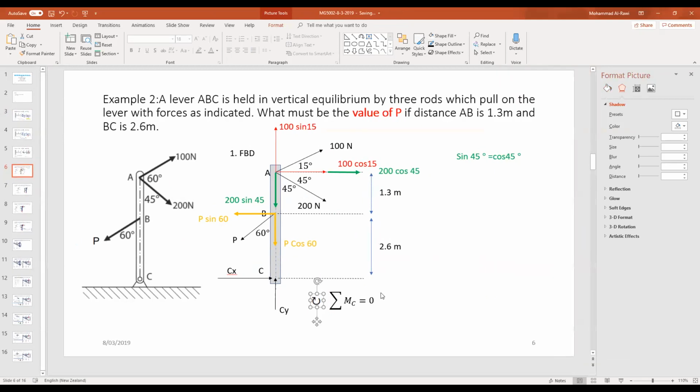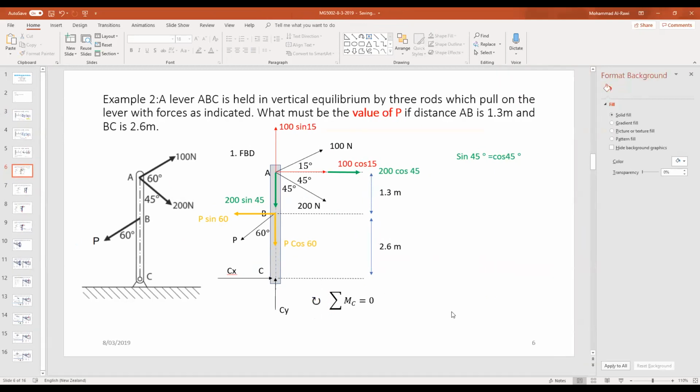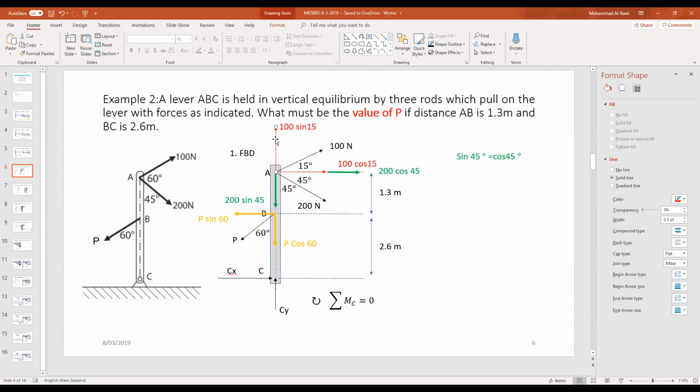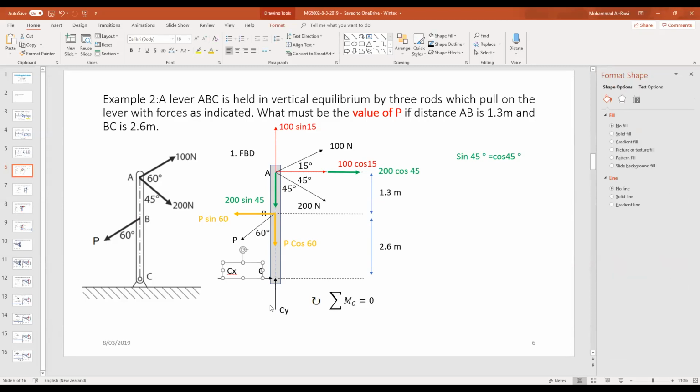I will assume clockwise is the positive direction. So what is rotating clockwise will be positive. Let's start with the first one. All the forces again, this one, this one, this one, this one, and this one, since they pass through point C, or the line of action passes through point C, the distance is equal to 0, therefore the moment is equal to 0, because anything multiplied by 0 is 0.